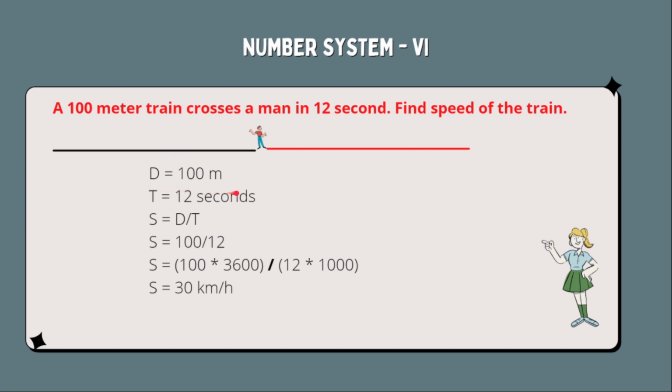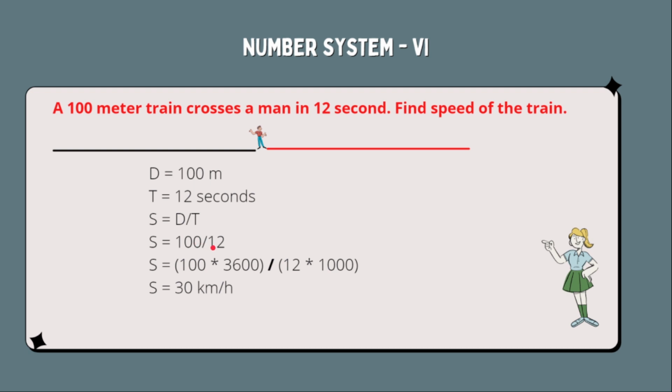So we will take d as 100 meter, time is given as 12 seconds, and speed is distance by time. So speed is 100 by 12 because speed is distance by time, where 100 is your distance and 12 is your time. Both are in meter and second.